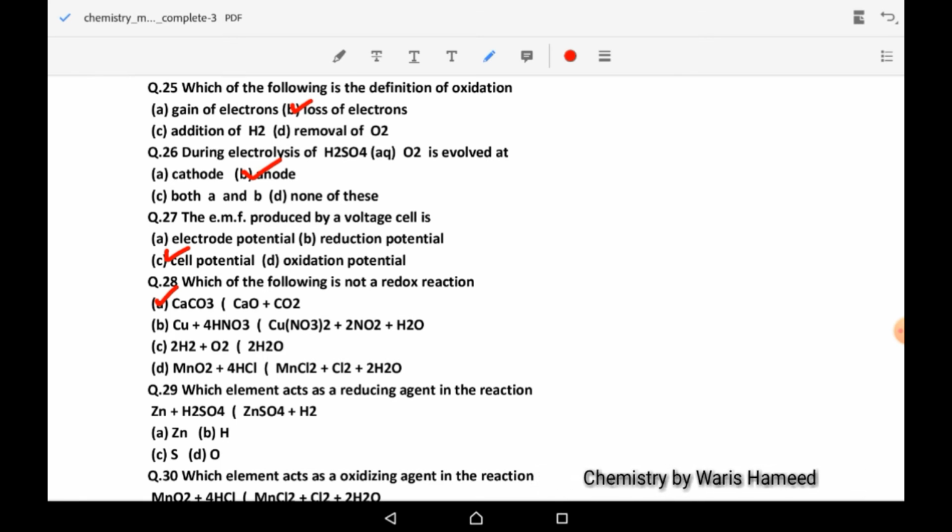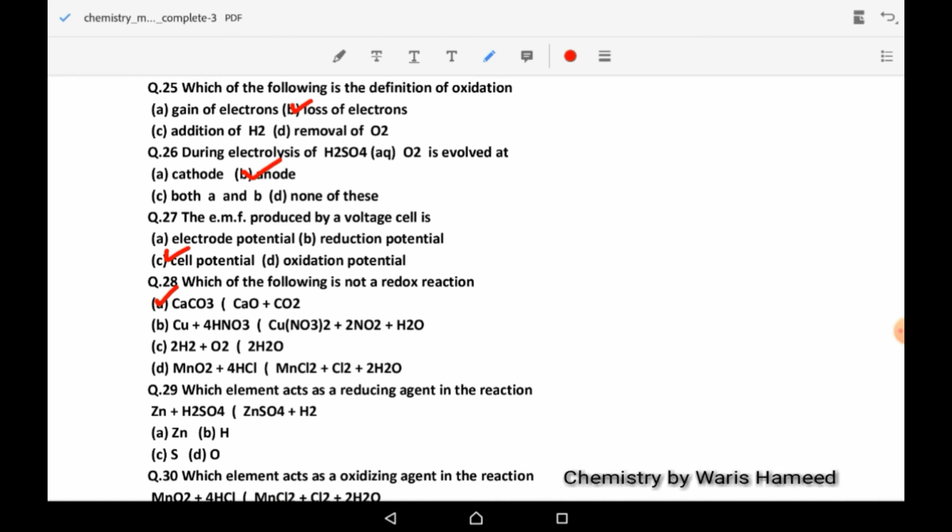Moving toward the 29th MCQ: which element acts as the reducing agent in the reaction? Zn, zinc, acts as a reducing agent because it loses electrons and those electrons are accepted by hydrogen.